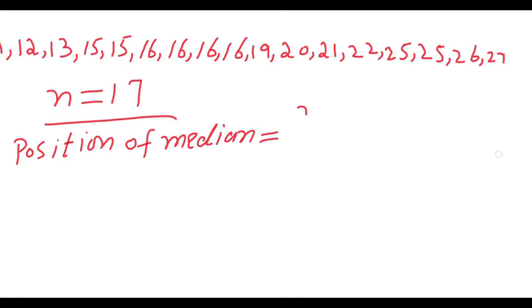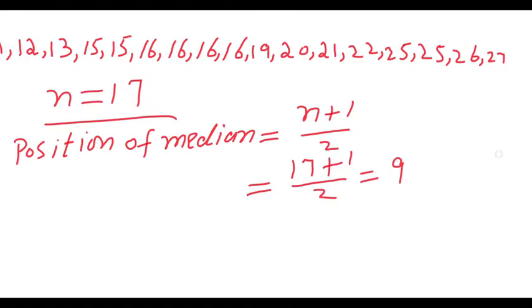The formula is n plus 1 divided by 2. So 17 plus 1 divided by 2 gives me 9, which means the ninth value is the median value.